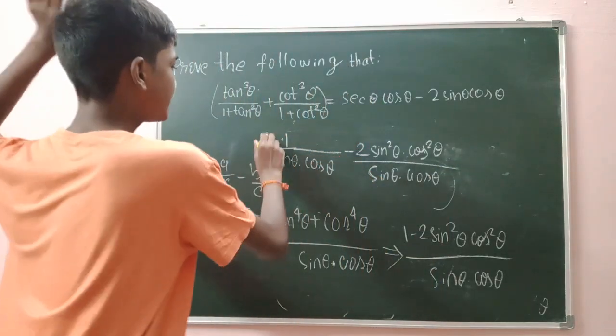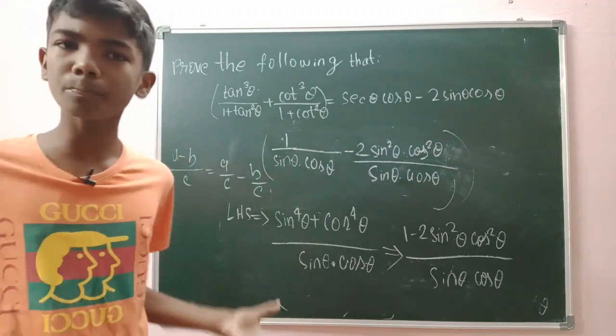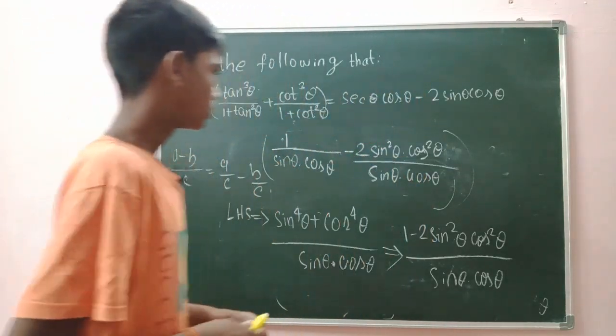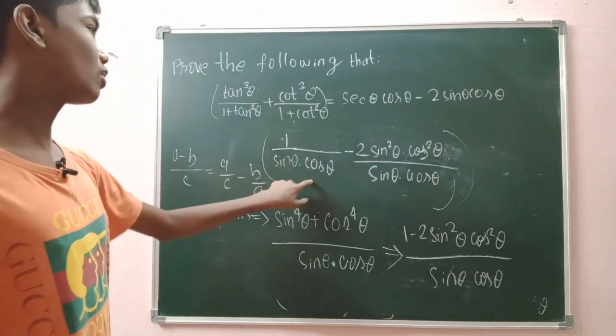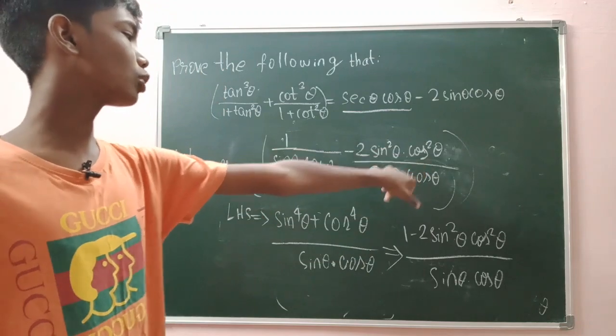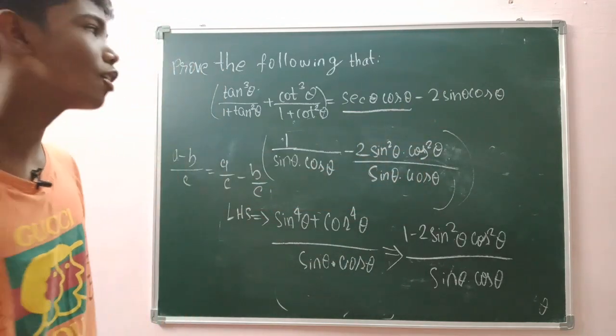So this is what you will get when you split it. I'm just splitting this term like this. You can do it now, very simple concept. I can't explain more because you are 10th students. So now 1 by sin theta cos theta is sec theta cosec theta. 2 sin square theta cos square theta by sin theta cos theta is 2 sin theta cos theta. That's all, we got it.